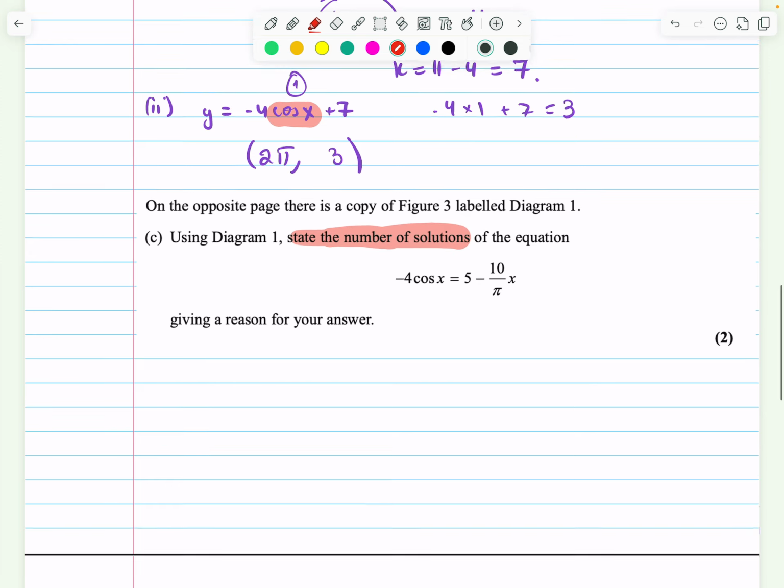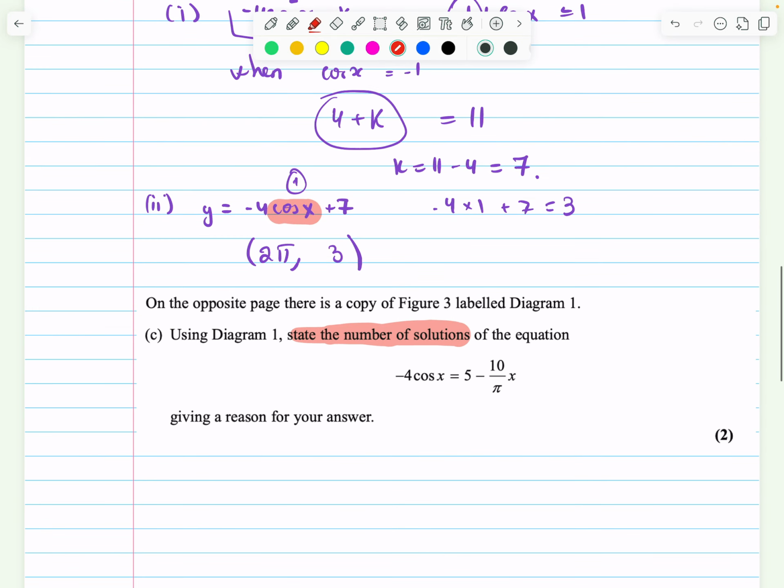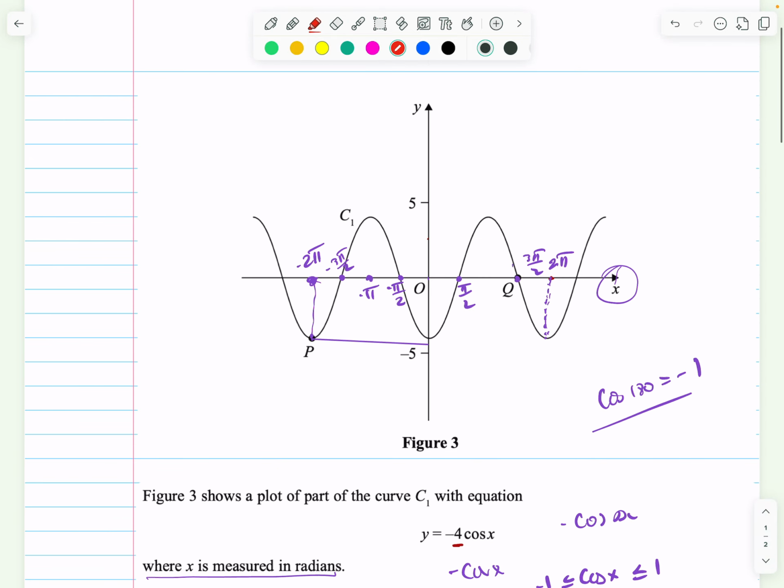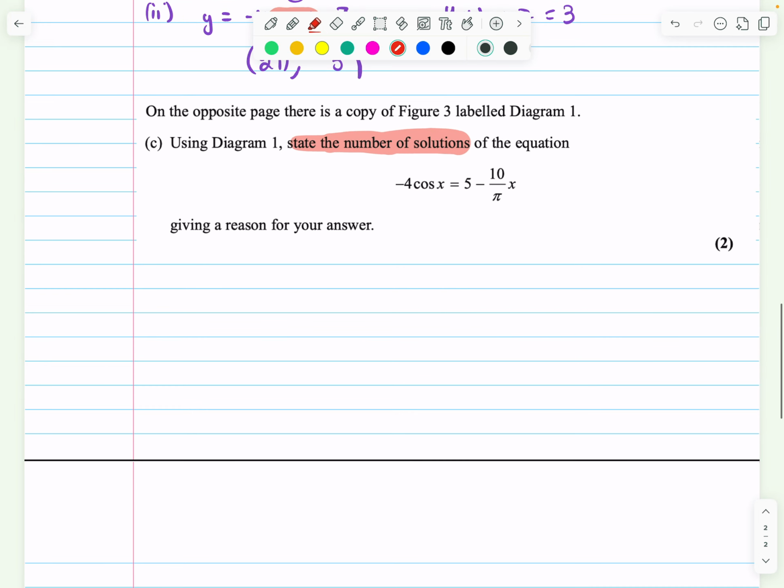Okay, the graph of negative 4 cosine x is given on the top. It's this graph. All we have to do is sketch the graph of 5 minus 10 divided by pi x. Guys, this is a linear function. Okay, linear function. And the way we're going to sketch it, we are going to be finding the x intersection and the y intersection.